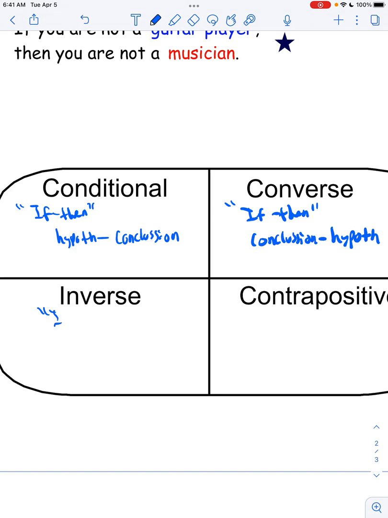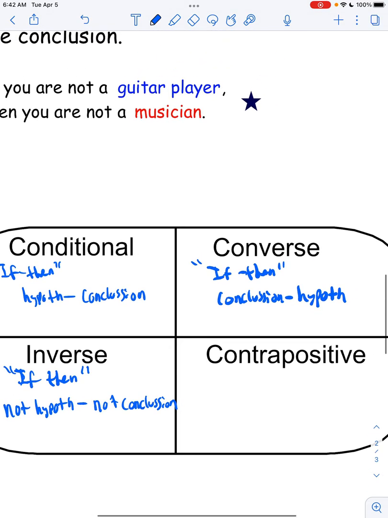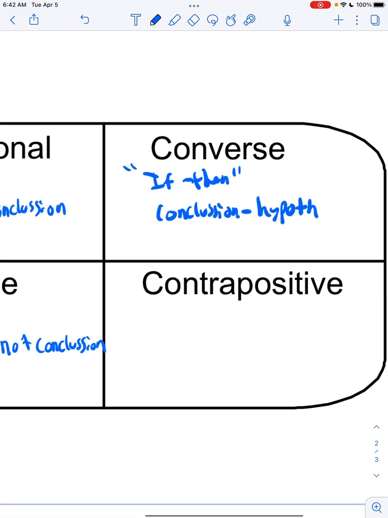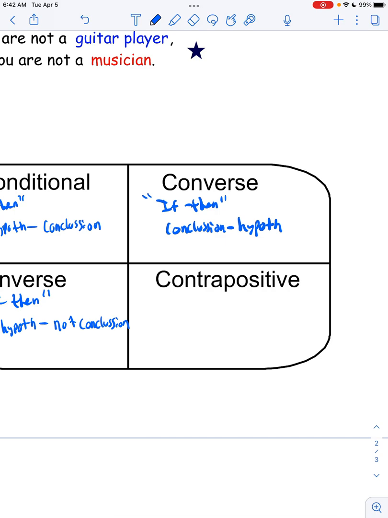So it's still an if-then statement, but I'm going to have my not hypothesis, or my negative hypothesis, and then my not conclusion. And the contrapositive is when you take your converse and then you make them both negative.